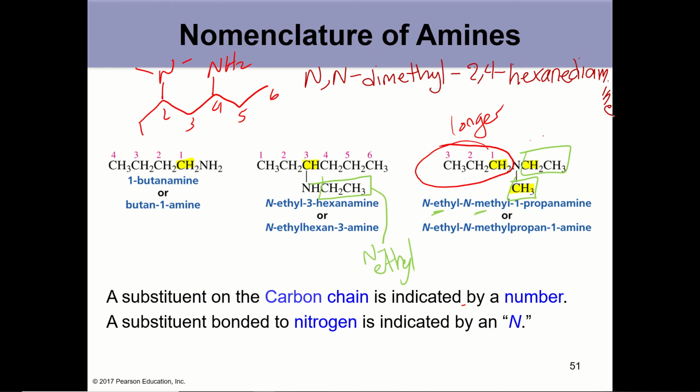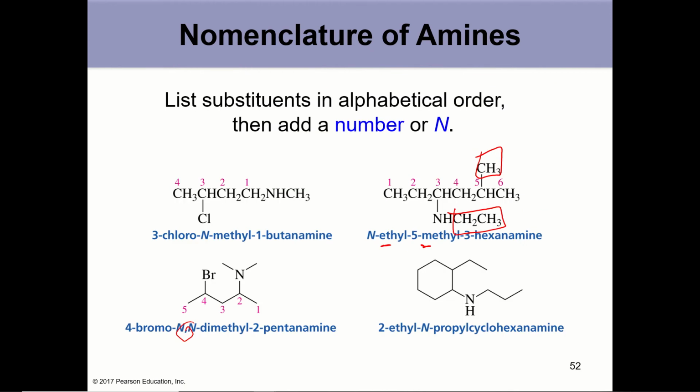Next rule. Listing the substituents on the amine in alphabetical order is still required. So just as with all other molecules, when we had substituents, we put them in alphabetical order, we are still going to continue with this rule.